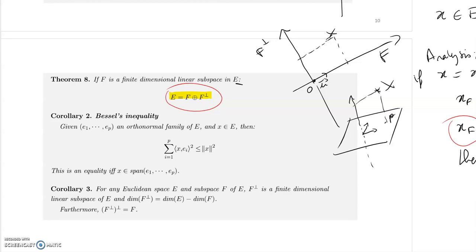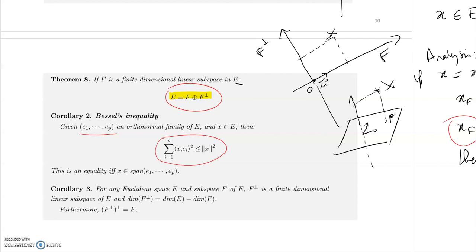So a few consequences. The first one is that if you have an orthonormal family like this one, then the sum of the scalar product of x with e_i squared is less than or equal to the norm of x squared.